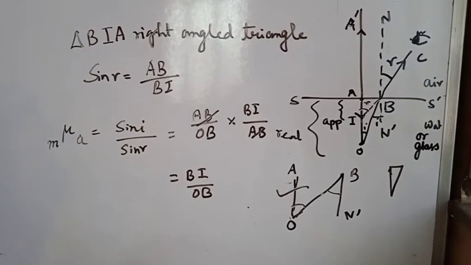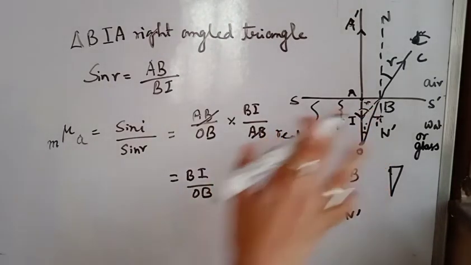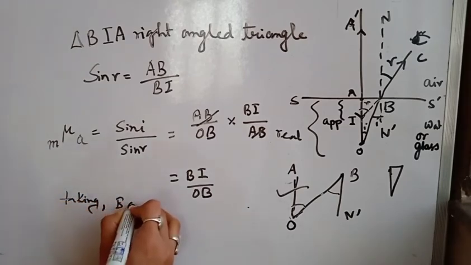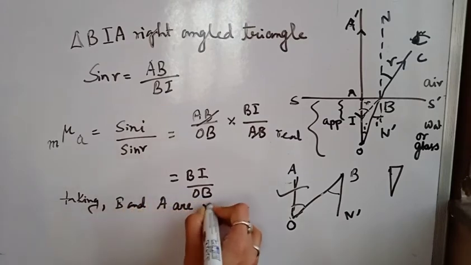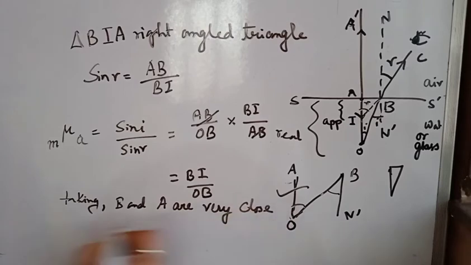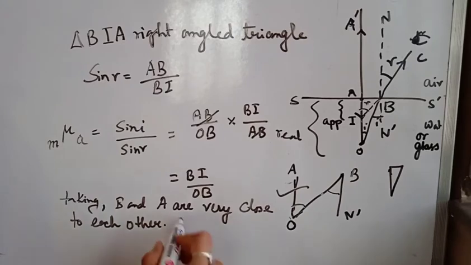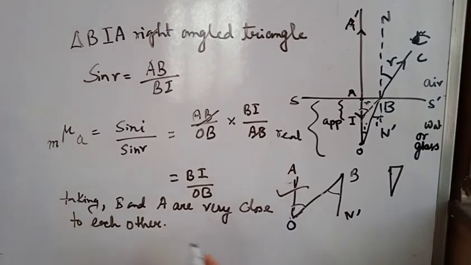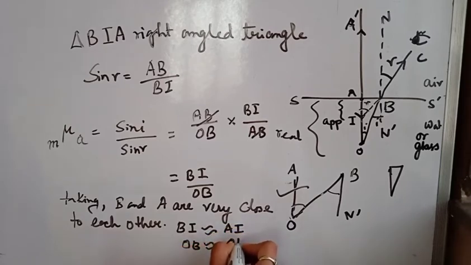So what is this BI and OB? Now here we will take an approximation, that the points B and A are very close to each other. So the distance BI will be almost equal to AI, and OB will be almost equal to OA.